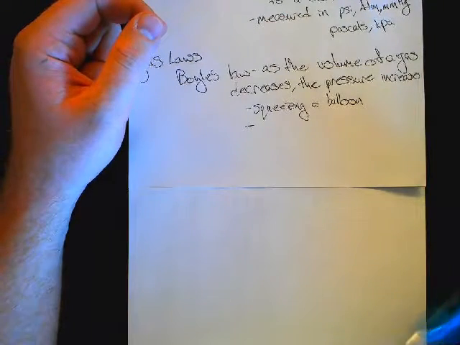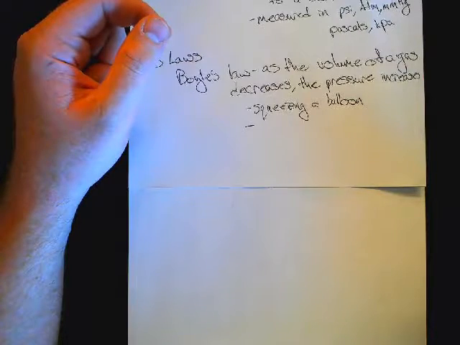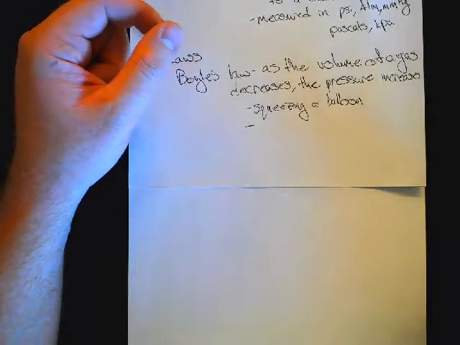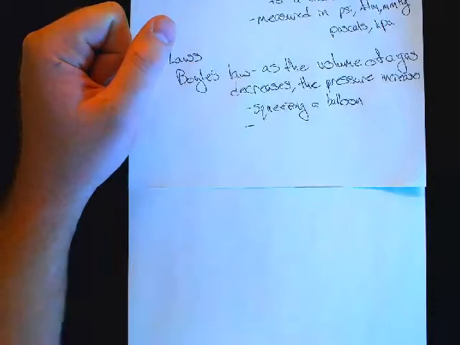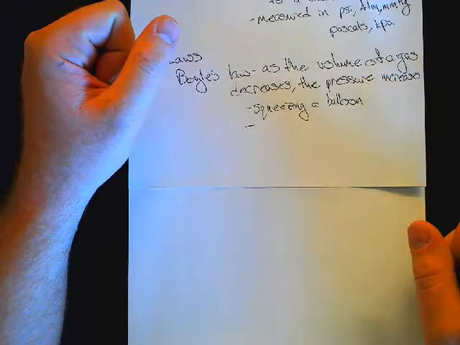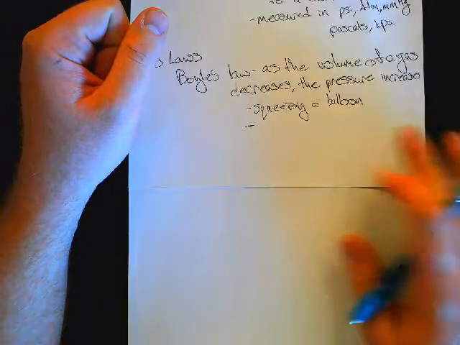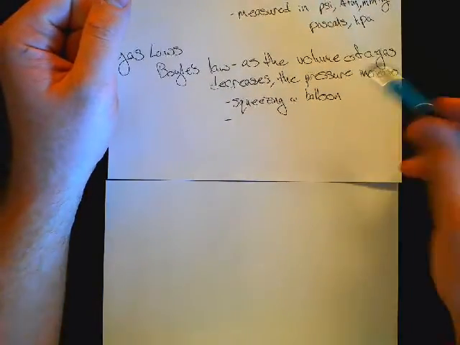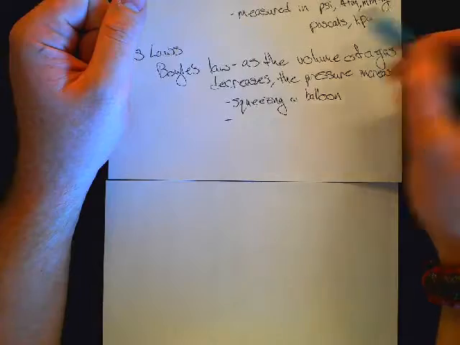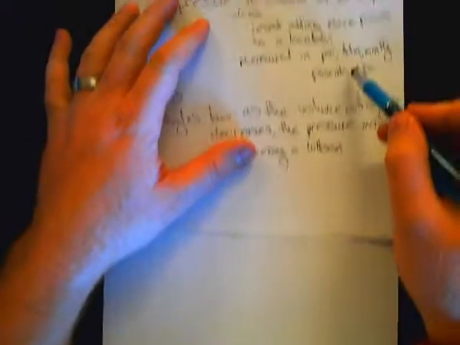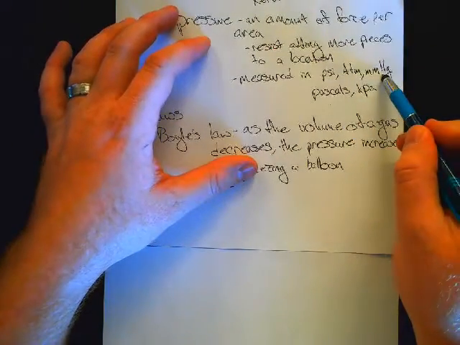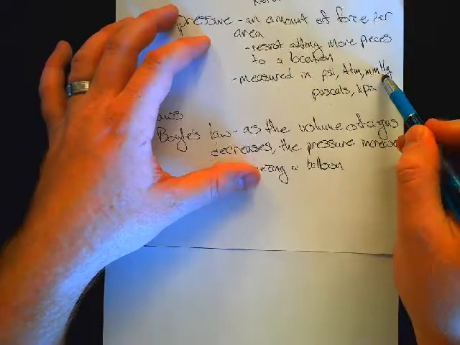Well, I don't know. You're also changing the number of particles in there because it's not a closed system. So I don't think lungs is a great example. Yeah, Maddie, what were you going to say? Yeah, go ahead. mmHg, millimeters of mercury.